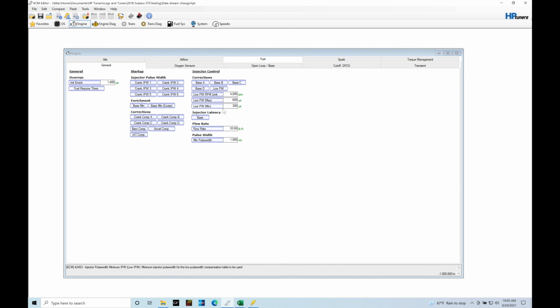So the low pulse width minimum, the low pulse width maximum, and then there's also a low pulse width RPM limit, as well as a minimum pulse width. All of these tables or data here fit together in order to characterize the injector that we're dealing with. Different brand injectors will have completely different characterization data that we have to program, even different size injectors within the same injector family or company.